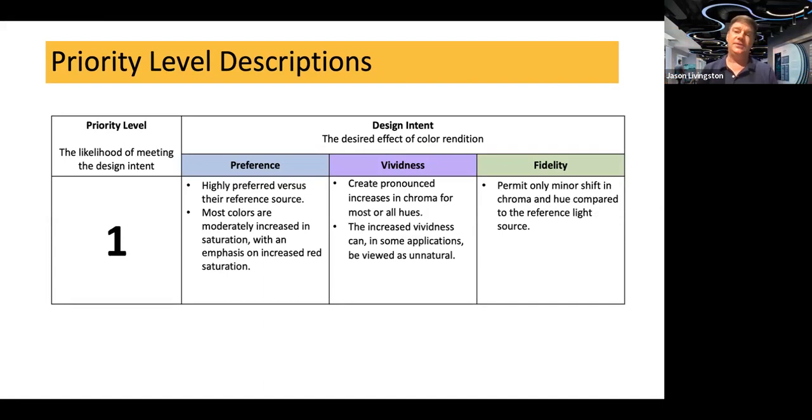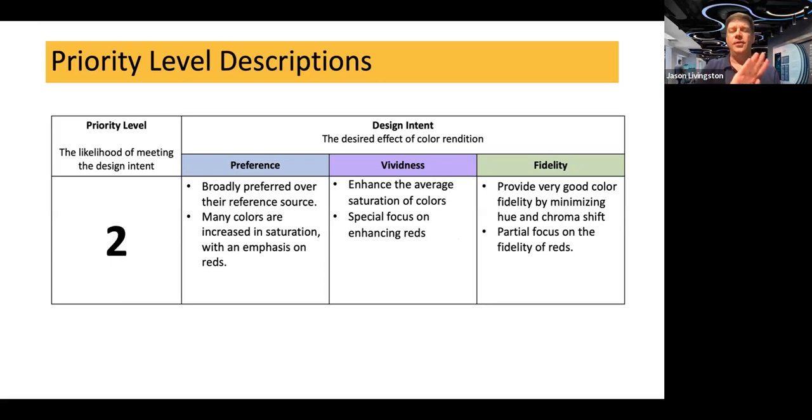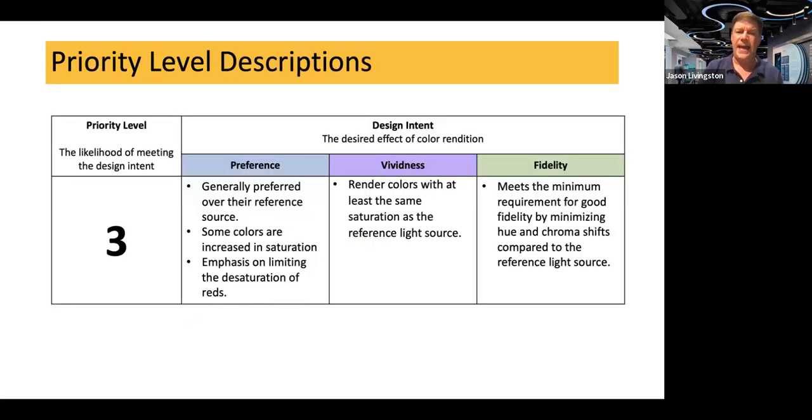And if we have a light source that meets the criteria for priority level 1, we would say that better than 90% of the occupants of the space, if they understood that we had a color rendering goal and knew what it was, would say, yes, you've achieved that goal. Those percentages don't quite translate for vividness and fidelity. We don't quite have that in terms of percentages yet, but we do have it for preference.